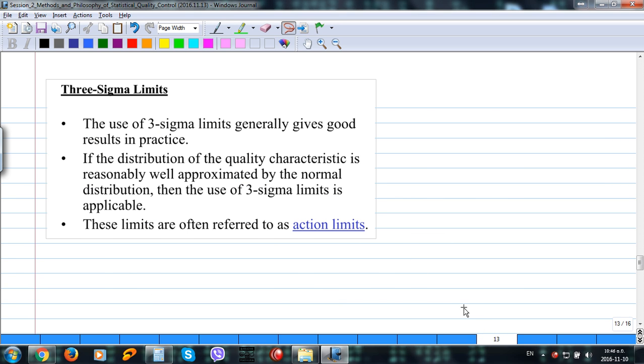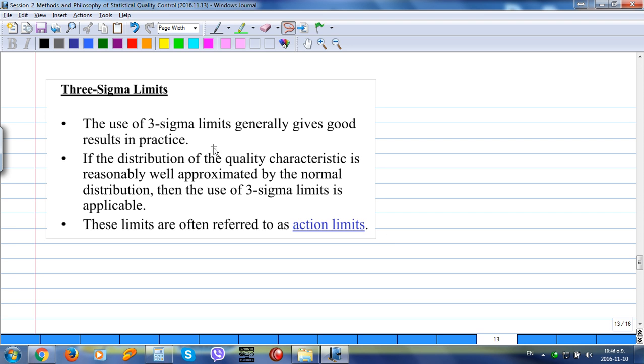And the 3 sigma limits. The use of 3 sigma limits generally gives good results in practice, right? If the distribution of the quality characteristic is reasonably well approximated by the normal distribution, then 3 sigma limits are applicable.